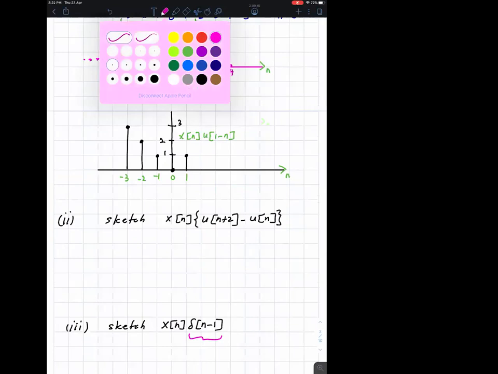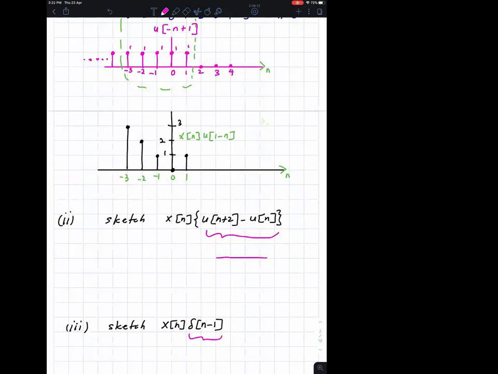What this is telling you is you have a signal u that's starting at minus 2, u[n plus 2], at minus 2, minus 1 and so forth.